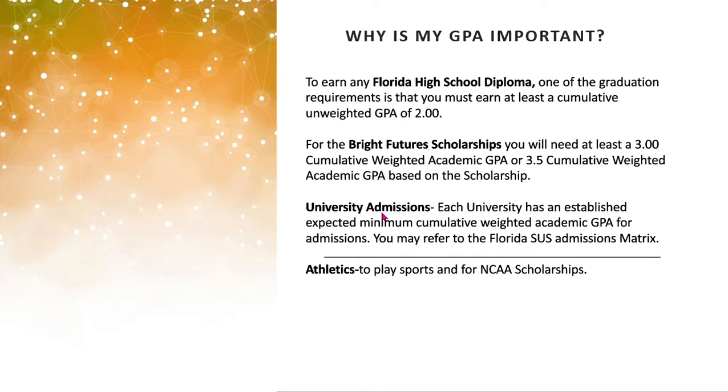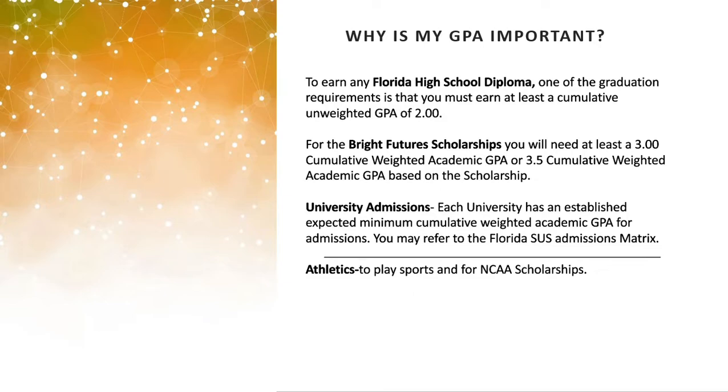And then for university admissions, each university has an established expected minimum cumulative weighted academic GPA for admissions that they expect for an ideal freshman candidate. It's going to be important that you know, if you plan on going to a university, what that university expects to see of your GPA when you apply.